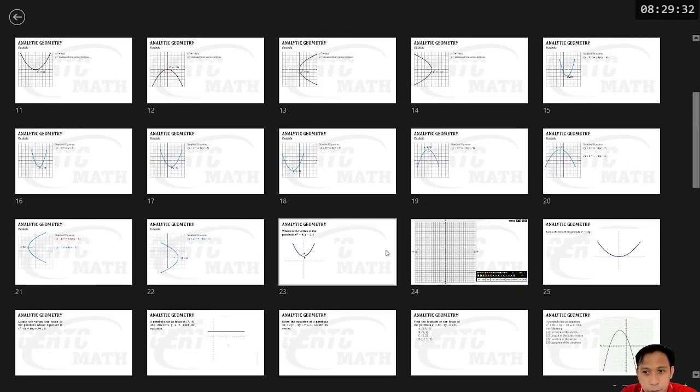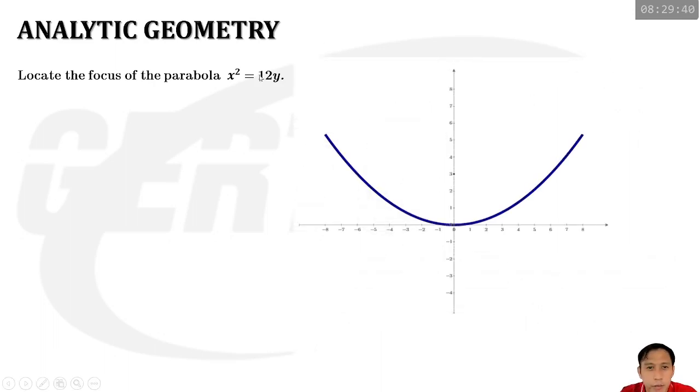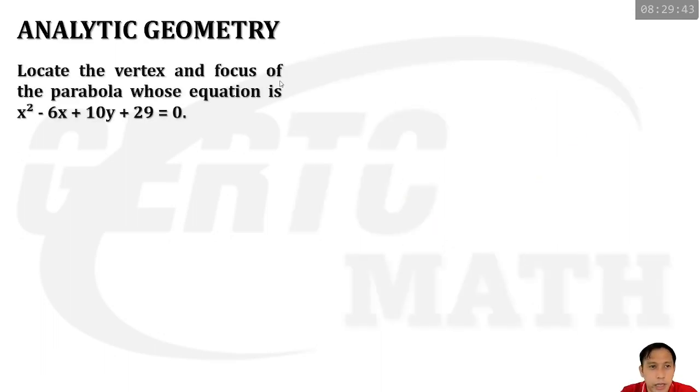Another question. Dito naman. Sorry about that. Ito, locate the vertex and the focus of the parabola whose equation is x squared minus 6x plus 10y plus 29 equal to 0.